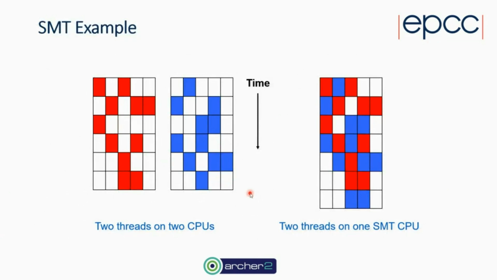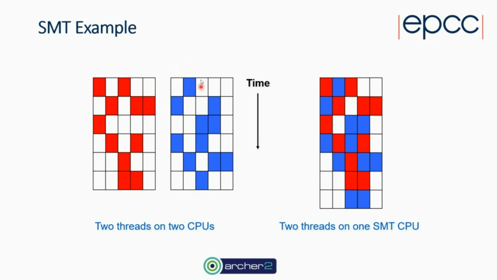So here's a simple graphical example of doing that. Here we've got 2 cores and 2 programs are running on those cores, the red program and the blue program, and each column of these is a functional unit. So you could say that's the floating point unit, and that's the integer unit, and that's the branch prediction unit and the load store unit and a control unit, and the same here.